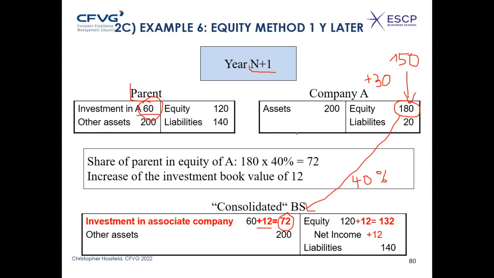Okay, yes, my ownership stays at 40%. This is one element. That's correct. But maybe my ownership remains at 40% because company A issued new shares and I bought 40% of the new shares.